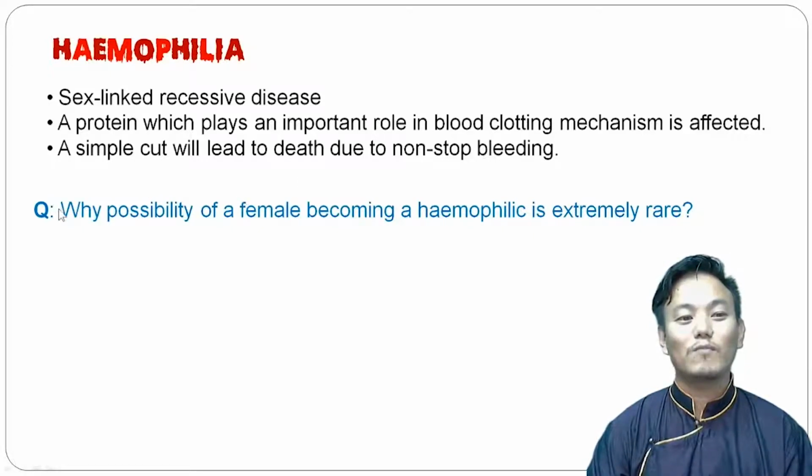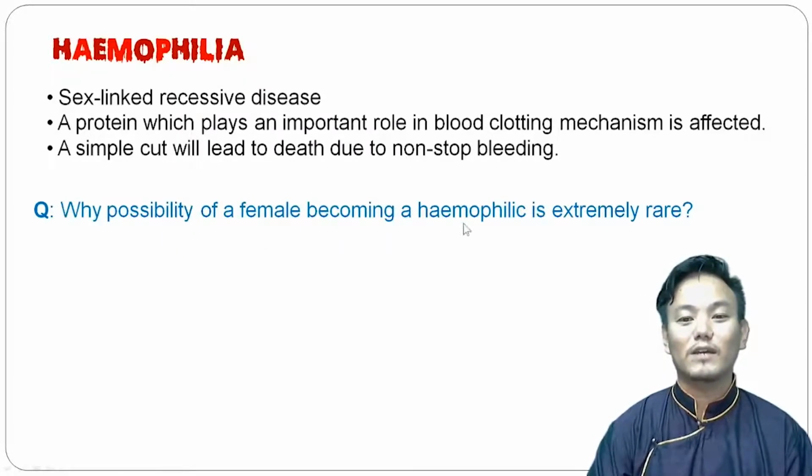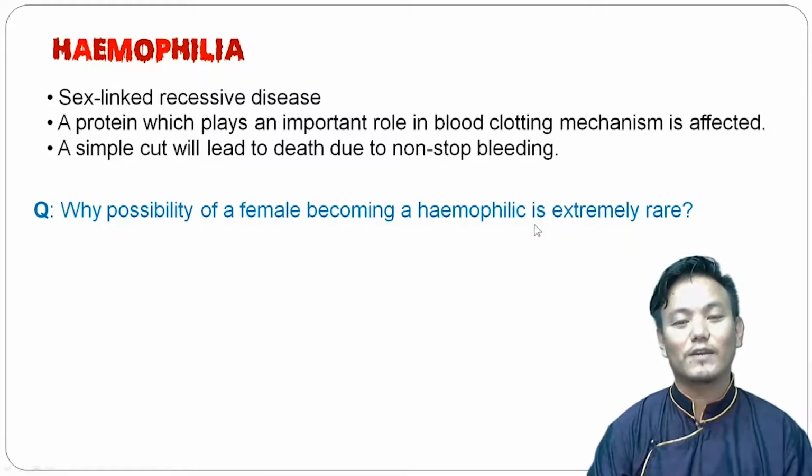Now there's one important question regarding hemophilia which has been constantly asked in board examinations. That is, why is the possibility of a female becoming hemophilic extremely rare? Why is it so rare to find a female who is suffering from hemophilia? Now the answer is, for a female to suffer from hemophilia, she should have both her X chromosomes with the defective gene.